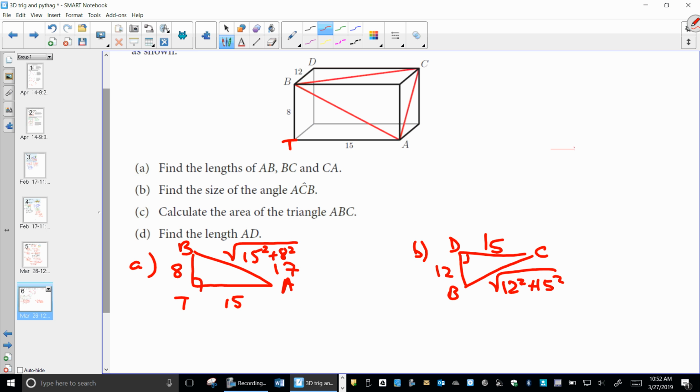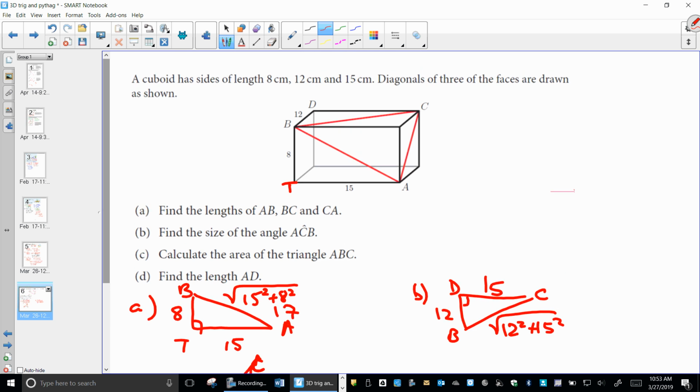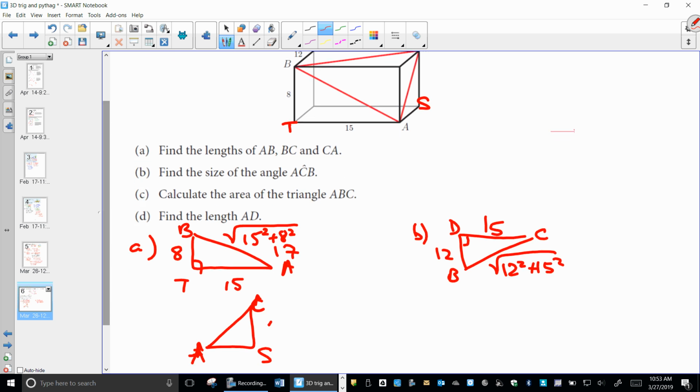So the other one is AC. We'll call this S. So it's 8 and AS is 12.